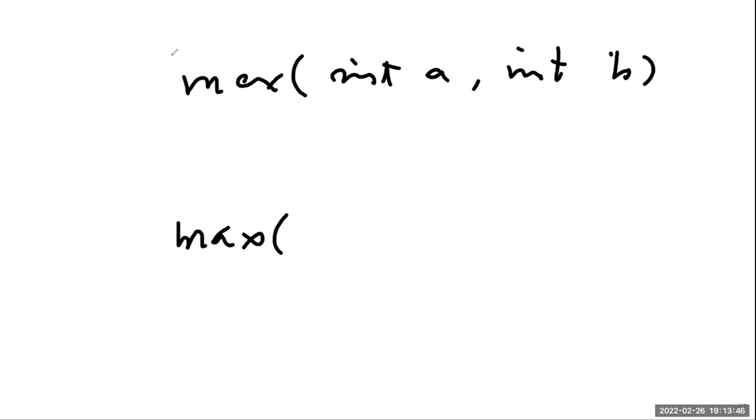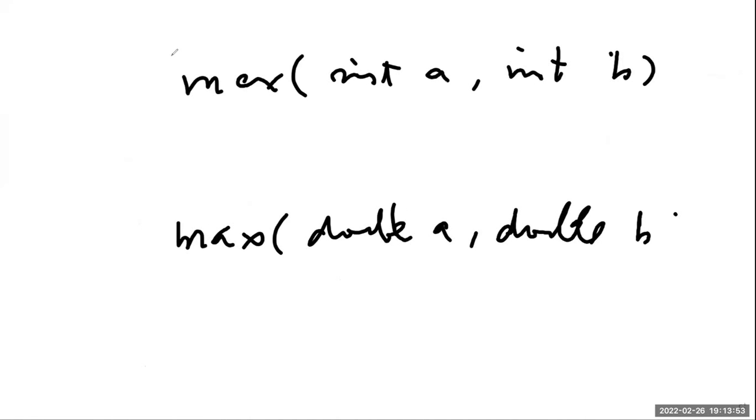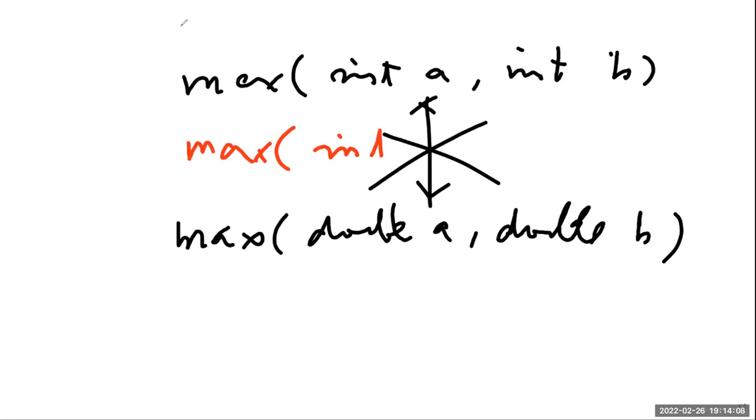There's another one, which is double A and double B. These two are considered to be two different functions. But if there is a maximum function that takes integer x, comma, integer y, these two are considered to be the same function, because we only check the type, we don't care about the name.